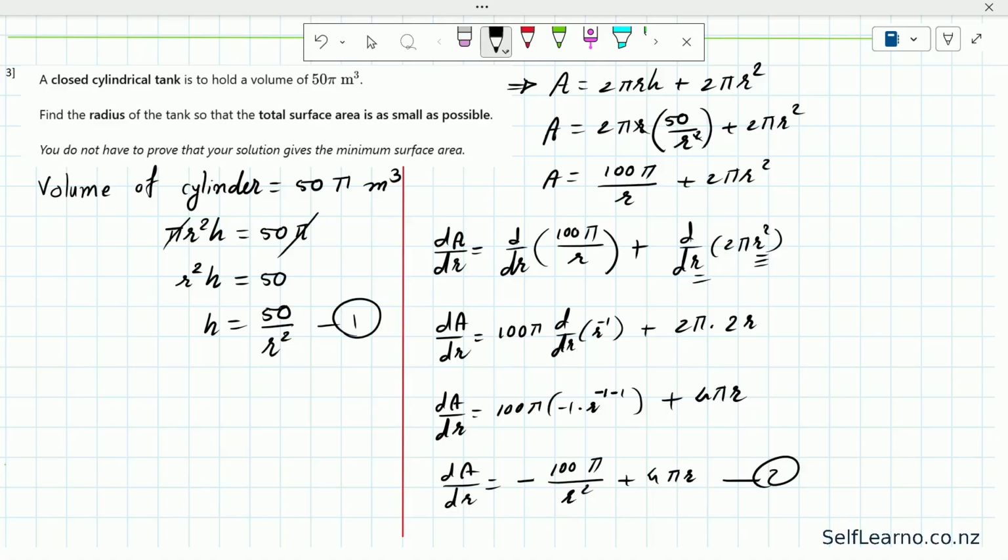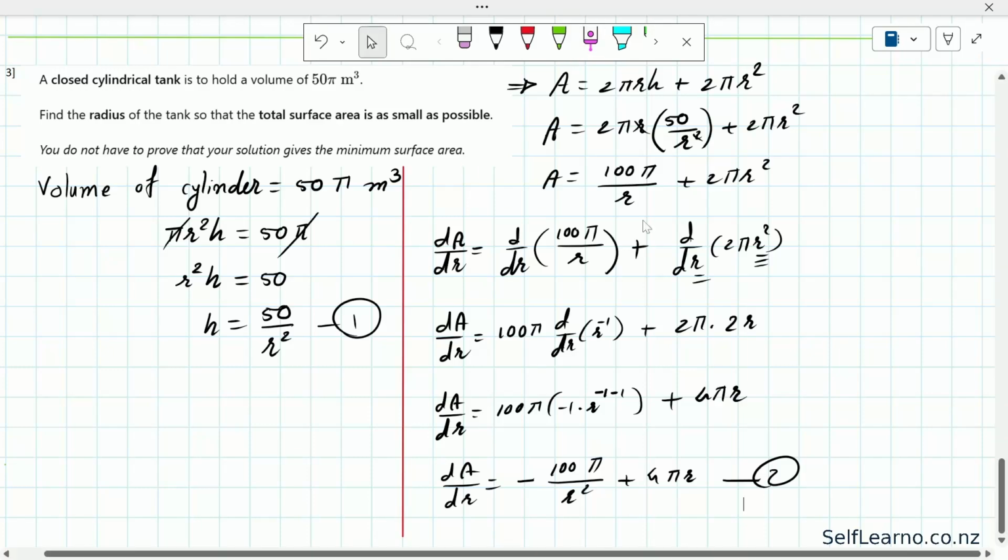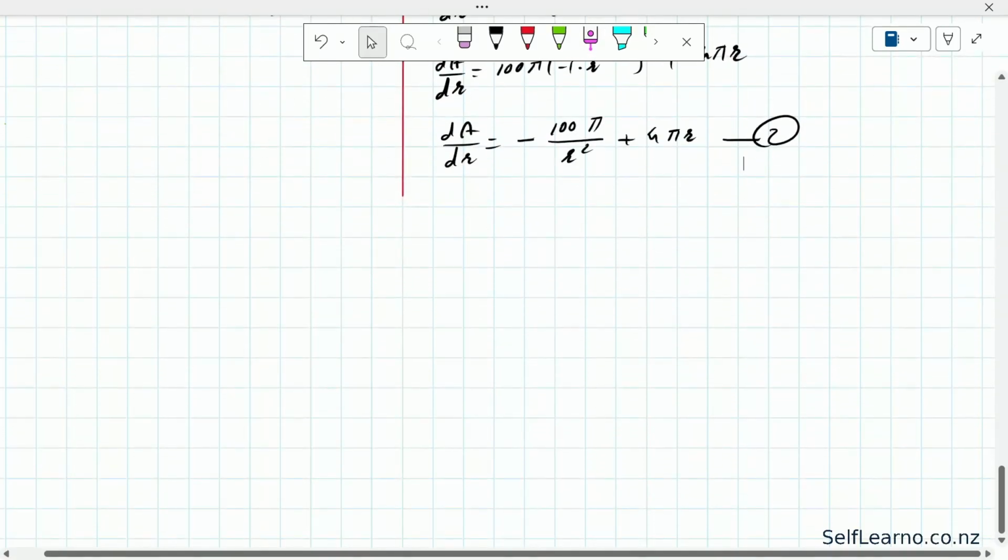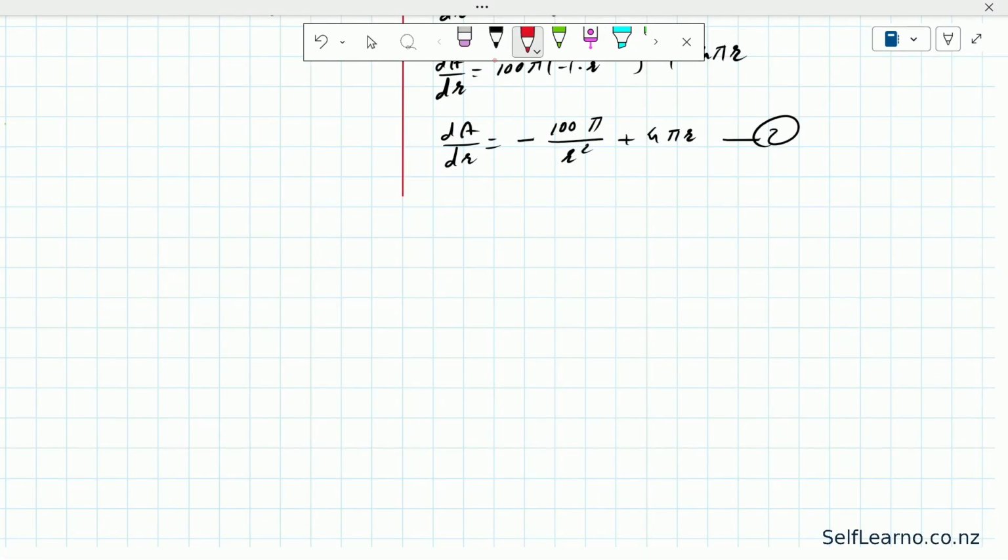Now our regular process. For the maximum or minimum value of A, this dA by dr is equal to 0. And then from there we will get the value of r and we're done. So let us write it.